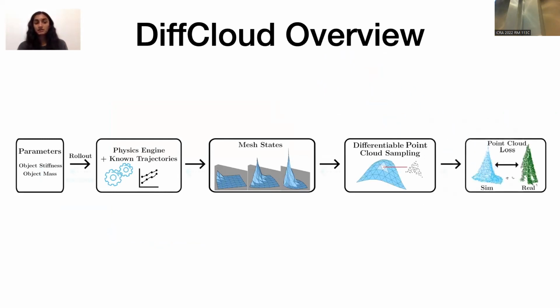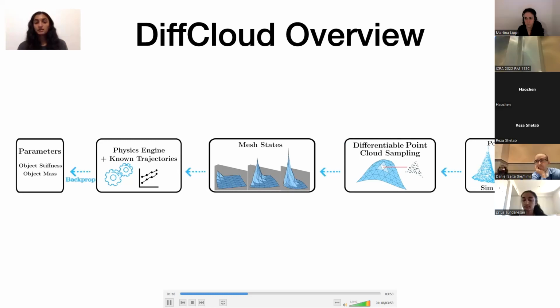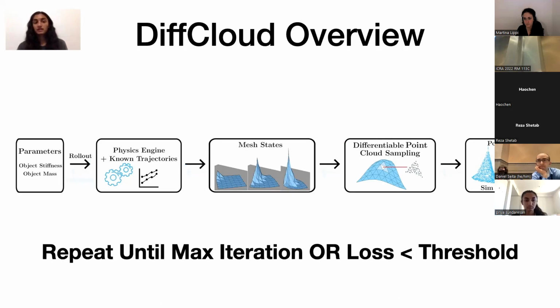Next, we take the loss incurred between the simulated and real point clouds. Since the simulator and the point cloud sampling procedure are both fully differentiable, we can propagate the gradients to the estimated simulated parameters and perform updates. We repeat these 2 steps until point cloud alignment is achieved, indicating that we have found simulated physical parameters that fit the observed real point clouds.